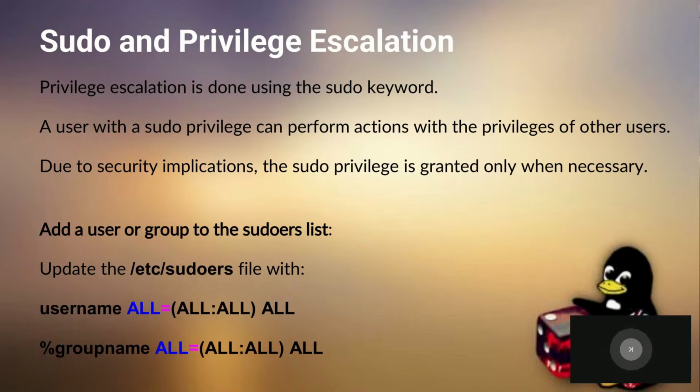If you want to add a user or a group to the sudoers list, you do that by updating the sudoers file that is in the etc directory. Just update the file with the username and these four ALLs.